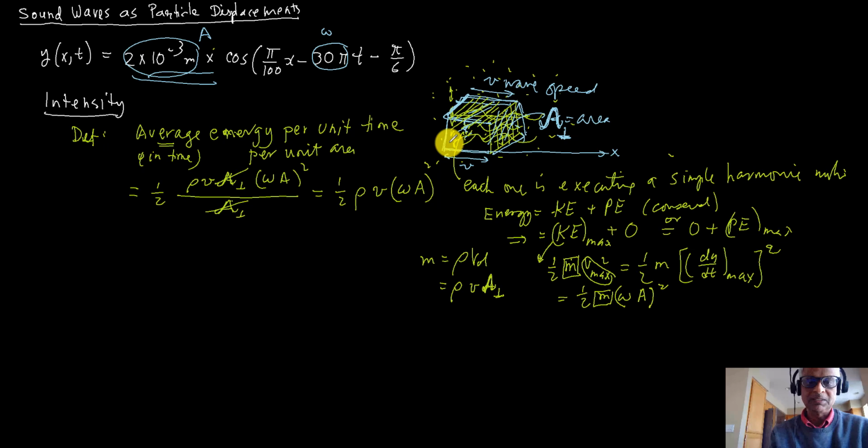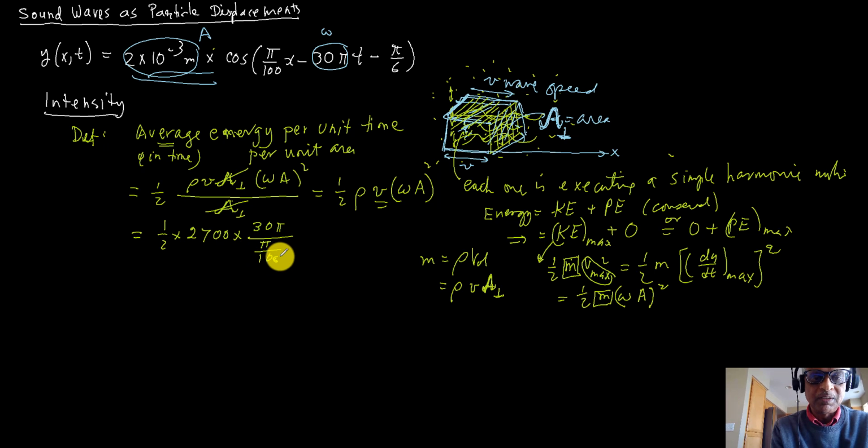Now we have all of these things available to us, and we can put the numbers in. This is equal to half times 2700 times v, the speed of the wave, which is the ratio of these two that we already computed, pi over 100.